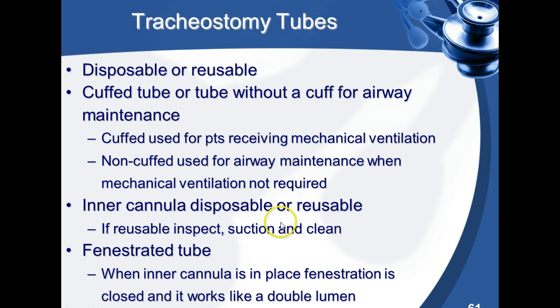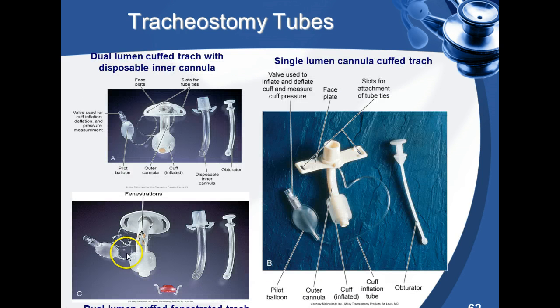Inner cannula, disposable or reusable, and a fenestrated tube: when the inner cannula is in place, the fenestration is closed, and it works like a double lumen. Basically, these are some examples of fenestrated tubes and other examples of the tubes. Just take a look at it.